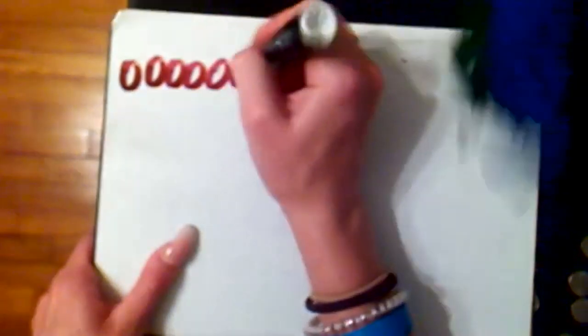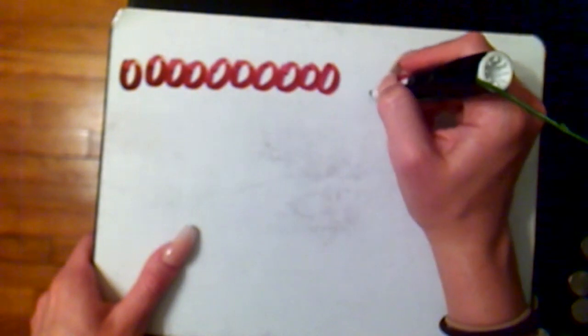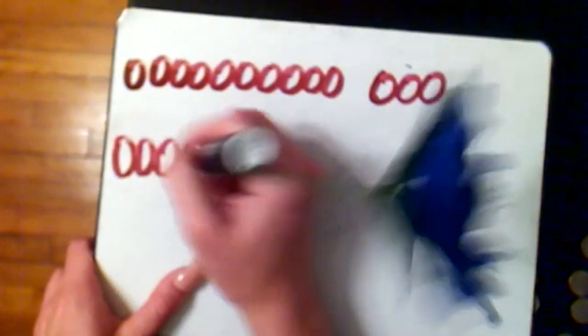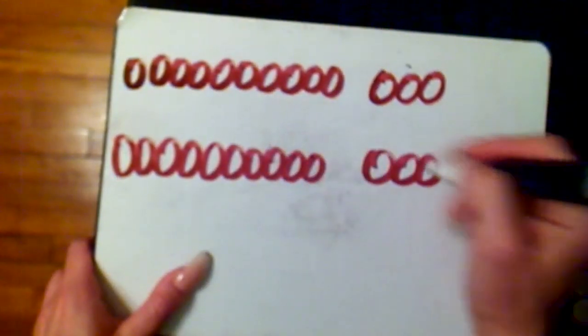Now we're going to look at one of the problems on our problem set. I'm going to draw it for you. So if we have this number and this number.